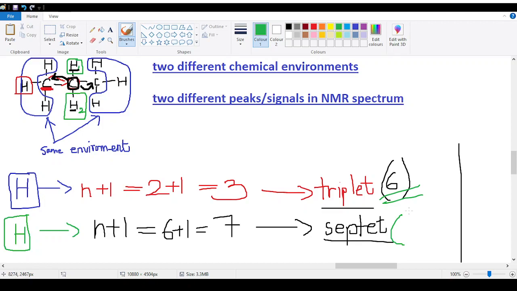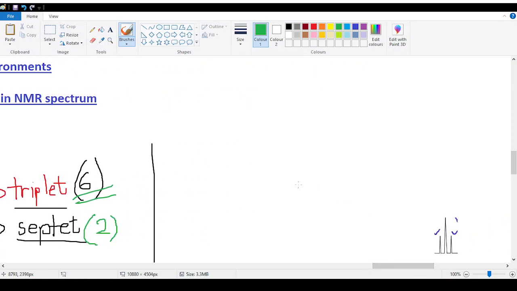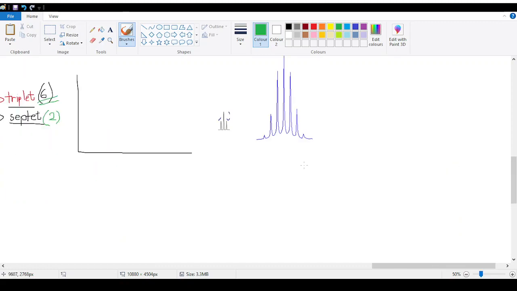How many of them are there actually? When we figured this out, we considered the green colored ones first, and then looked at their neighbors, right? So how many green colored ones are there actually? Two, right? So the ratio of the peak heights will be 6 to 2.